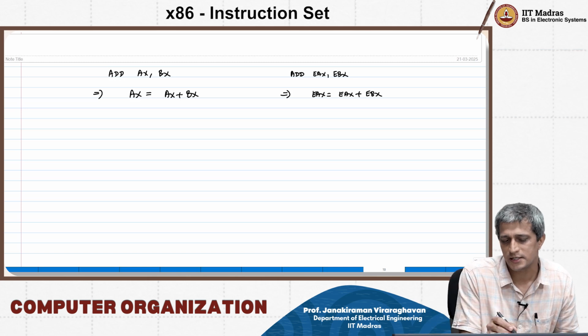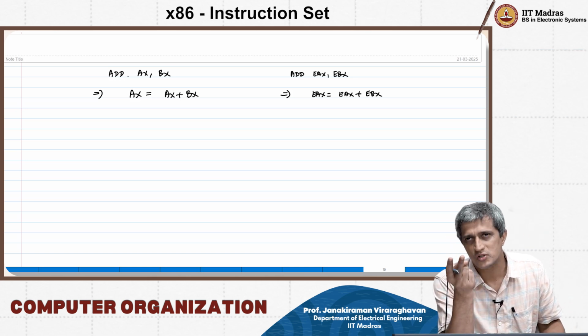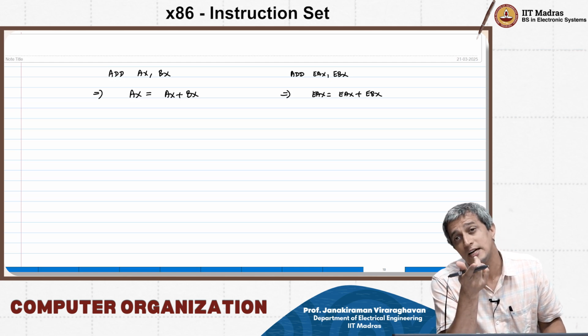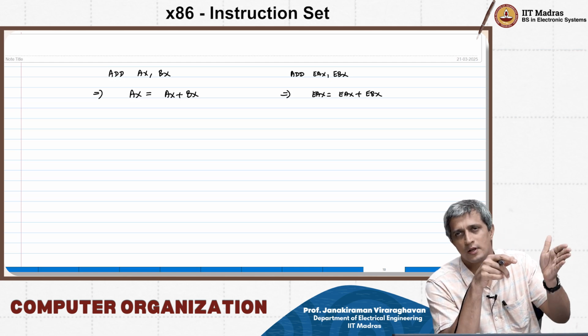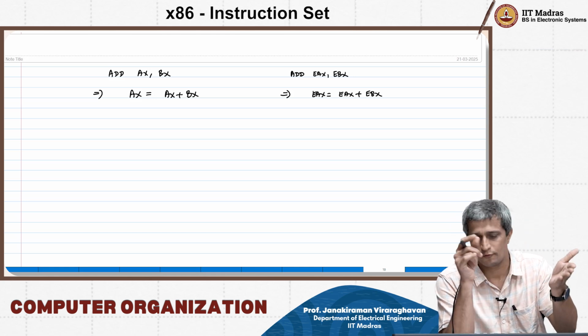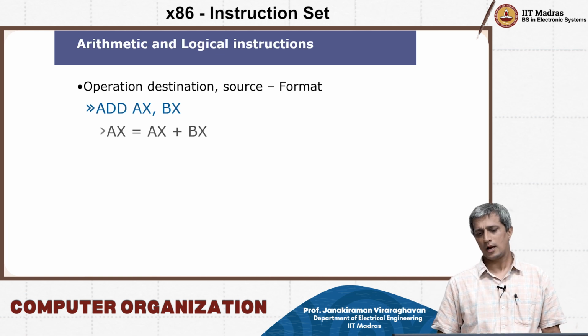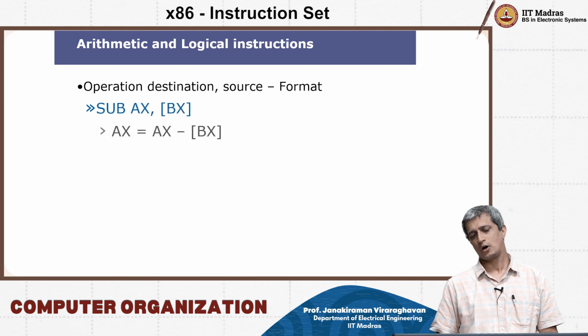In some sense it is taking only 2 operands, treating one as the source, doing the addition, and then treating the one on the left as the destination register itself. This is very important to understand, and of course the operation add will translate to the plus operation.